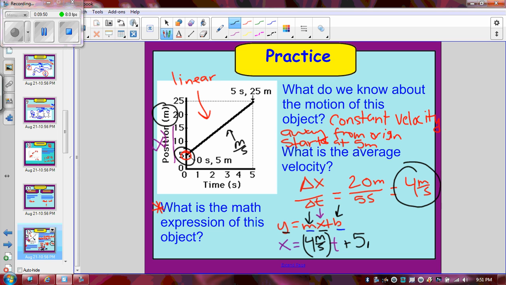In this case, the unit is meters. Now, what is the physical meaning of this y-intercept? The physical meaning of the y-intercept in this graph is the starting point. Remember, it started at 5 meters. So there it is. Our math expression is x equals 4 meters per second times t plus 5 meters.